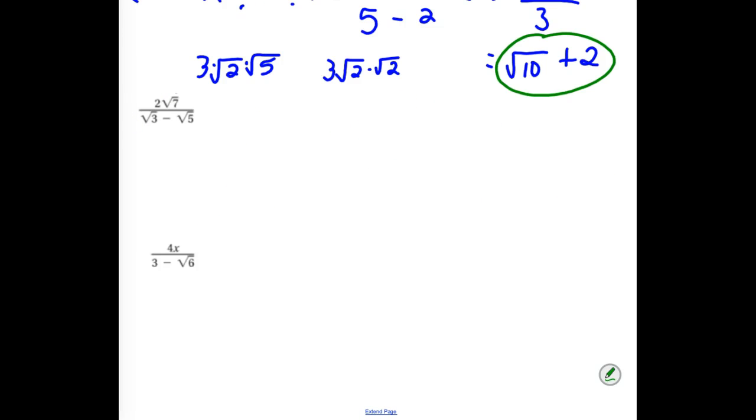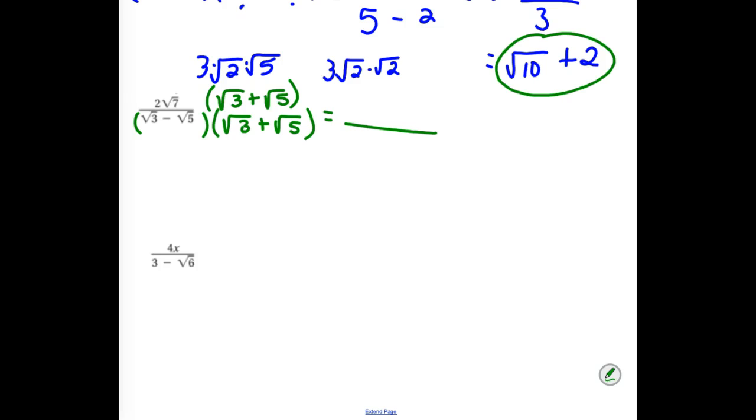All right. What would we need to multiply by on the next one? Okay. All right. So in the numerator, we have to do some distributing. In the denominator, we have to do some foiling. All right. It doesn't matter which one you do first.